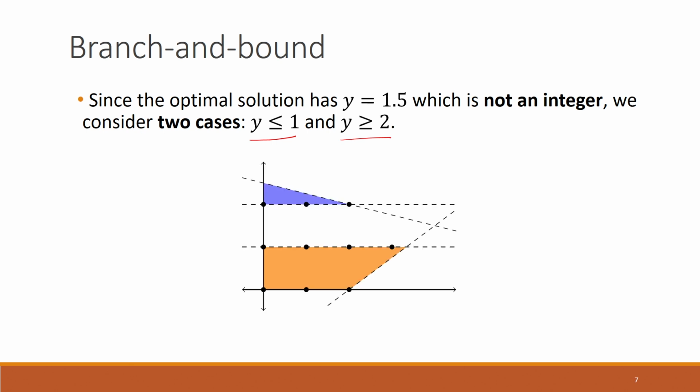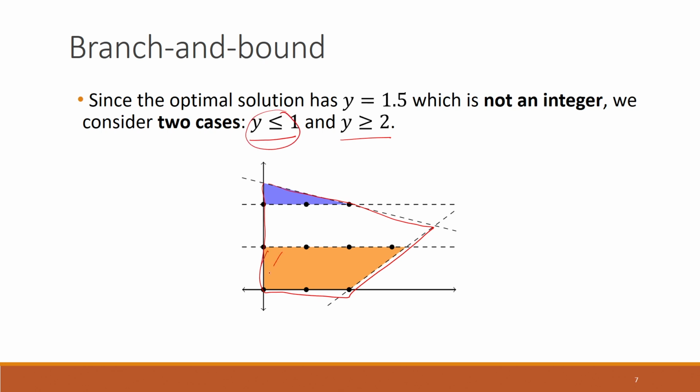So, let us look at the new linear programs that we get. Remember that the original linear programming relaxation of the integer program had this much feasible region. Okay. And now what we have done is that we have divided that feasible region into two smaller regions. The first feasible region is obtained when you put whatever constraints you had in the original linear program plus this constraint y less than or equal to 1.